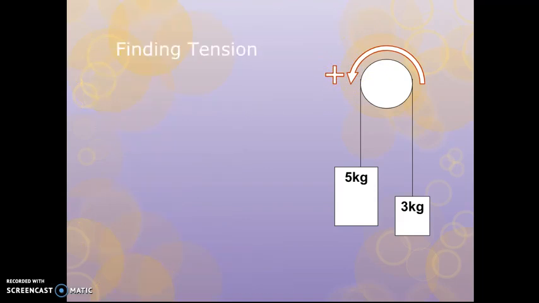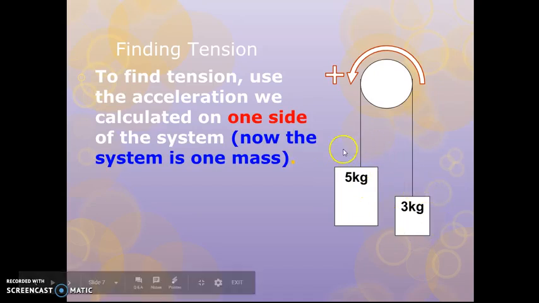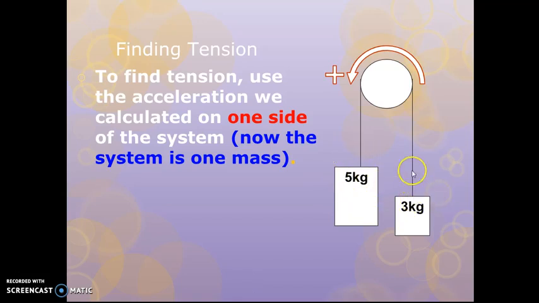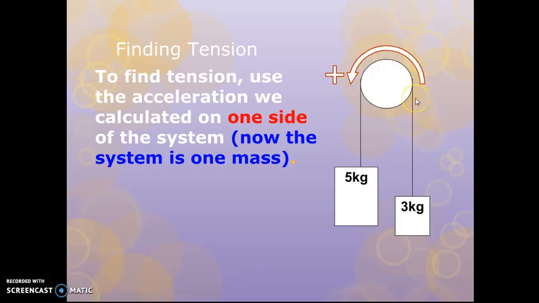Now, to find tension, we're going to only take a look at one of the masses, either the 5 kilogram or the 3 kilogram. When you're just looking at one of these masses, you want to totally ignore the other one. So we still only have two forces, our tension force going up and our force of gravity going down. I'm going to keep the sign values that we assigned before when I set up my equations.